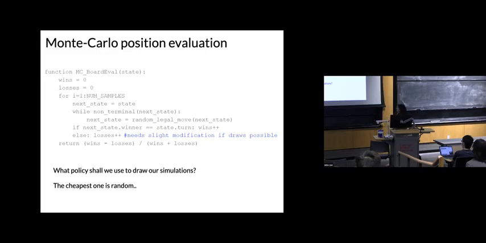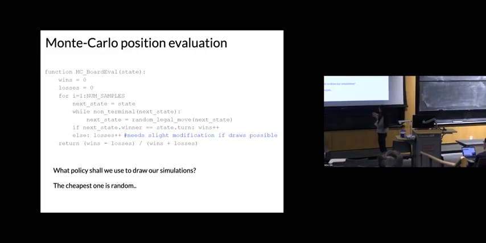But here is in pseudocode what we just said. You're in a particular state, and then we sample experiences, with the number of trajectories equal to the number of samples, and every one needs to terminate. That's why it says while not terminal next state, just keep sampling, with a random legal move. And why can we do legal? Because we have the model of the world.